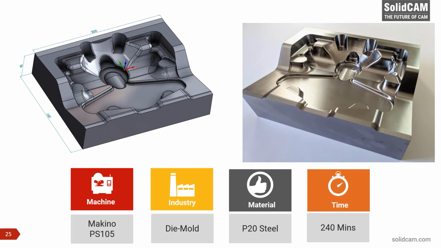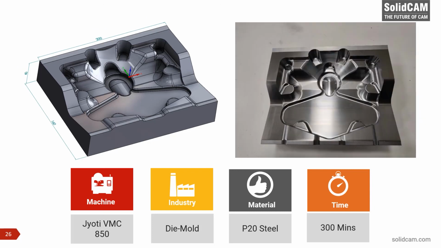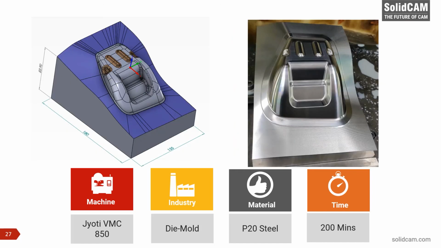The same part was done on an Indian machine, Jyoti VMC 850. Die mold part again, P20 steel. 300 minutes was the cutting time, and this is the part coming out of the machine as it is. Another part that was done using iMachining 3D, HSM, and HSS, also on Jyoti VMC 850, a die mold part on P20 steel. This was done in 200 minutes.